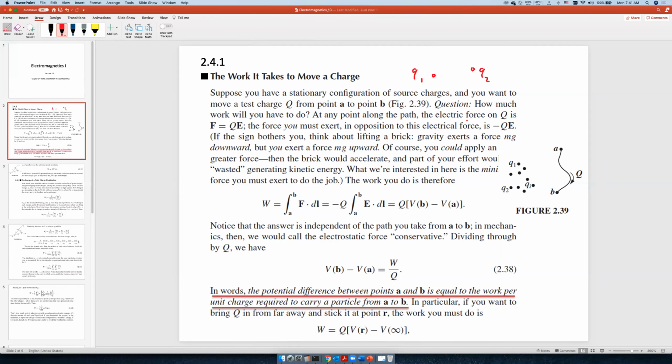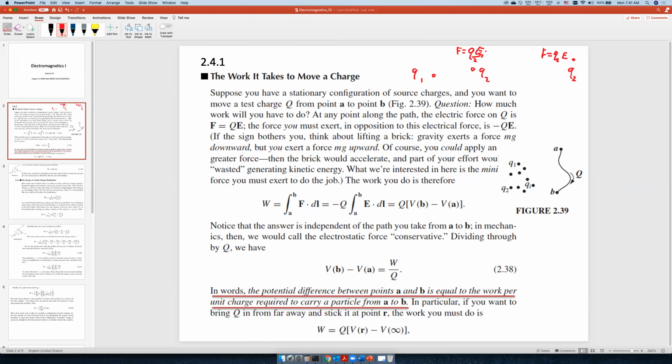Now, let's say at any point along the path, the electrostatic force on Q2 equals Q2 times E. At this position, the force F equals Q2 times E. When you move it from very far, when Q2 is here, F still equals Q2 times E. But the electric field E here and here is, of course, not the same.